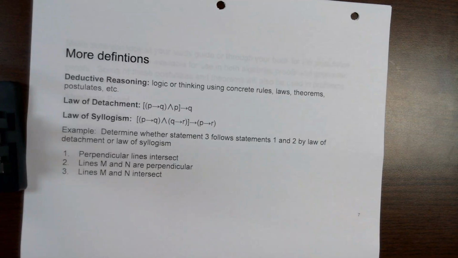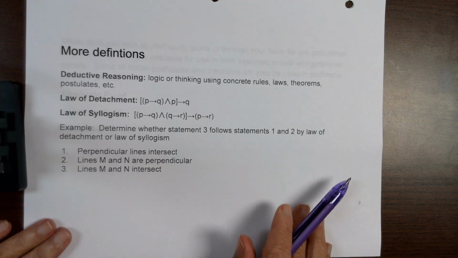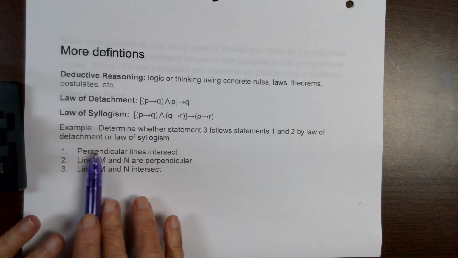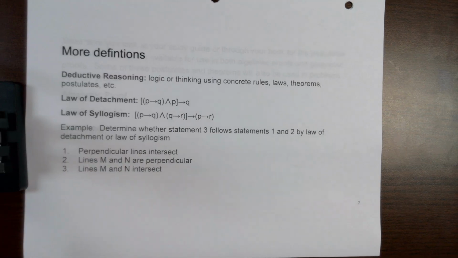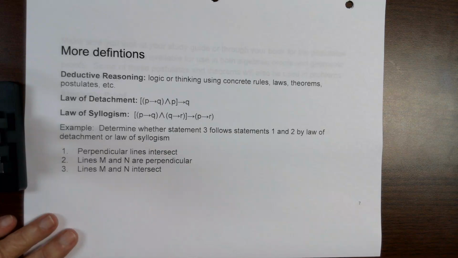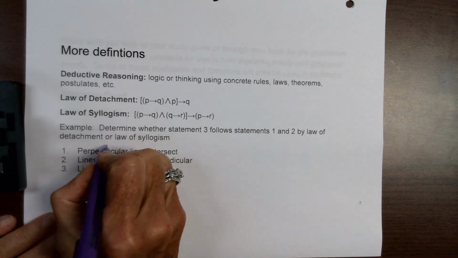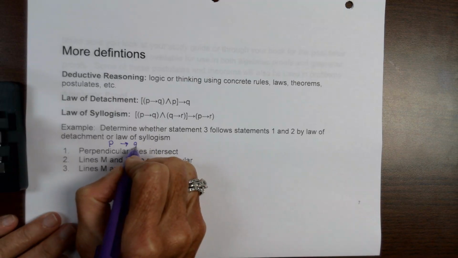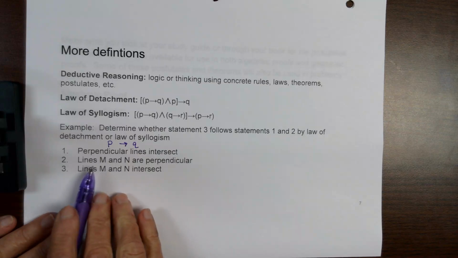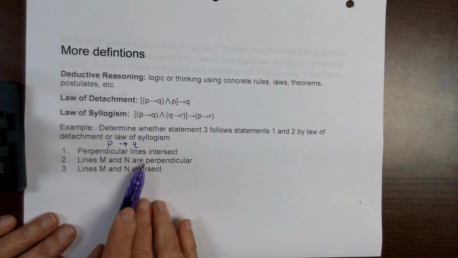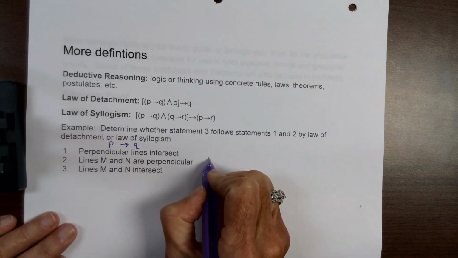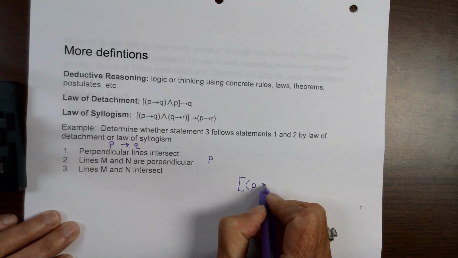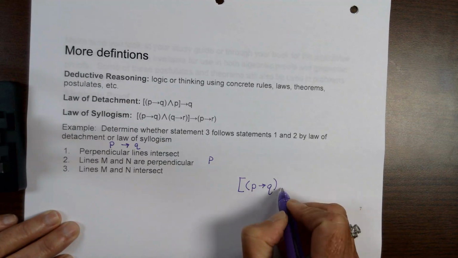Here's an example that you might find from those. This says determine whether statement 3 follows statement 1 and 2 by law of detachment or law of syllogism. Perpendicular lines intersect. Okay, so this is P, you have perpendicular lines, and they intersect, which is Q. And then I say lines P and M are perpendicular, so that's P. So right now I have P, then Q. I know that's true.